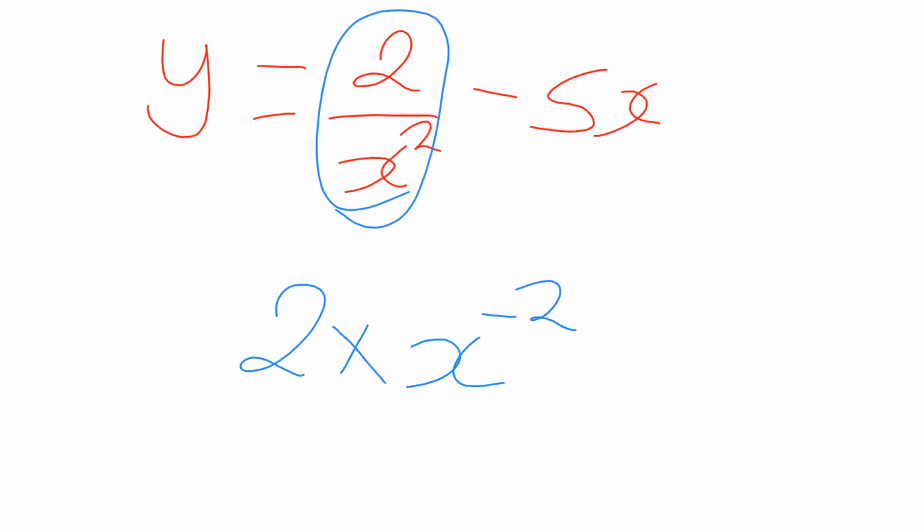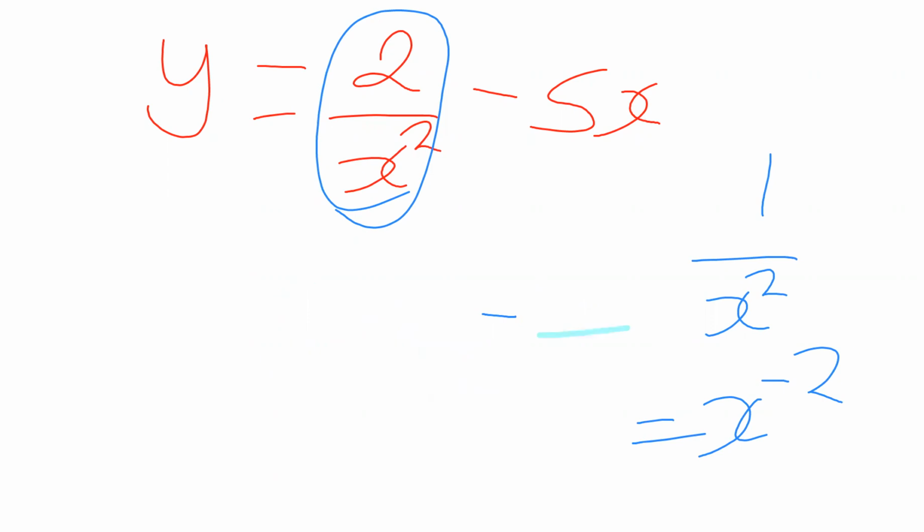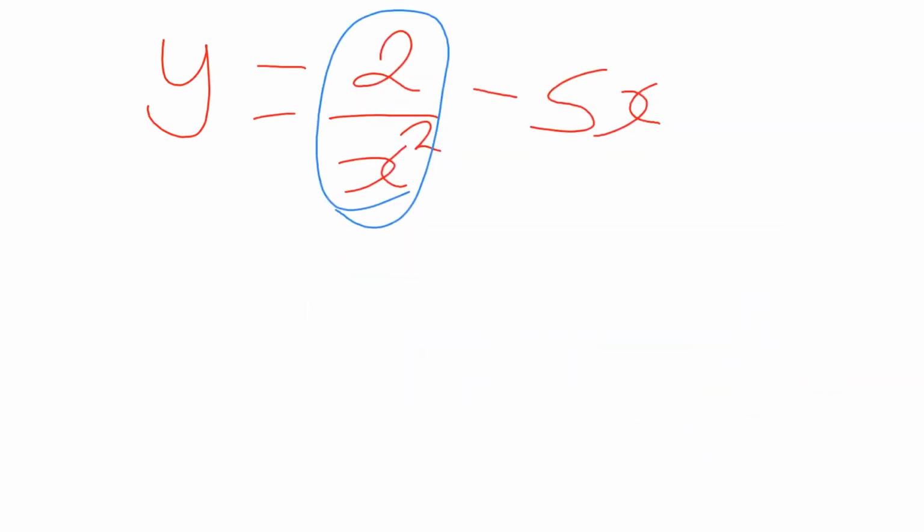Let's say you have 1 over x squared. This can still be rewritten as x to the power negative 2 according to the rule of indices. Or, for example, let's say you are also given 3 over x to the power 3.